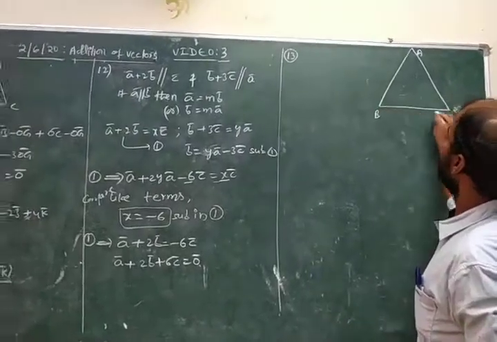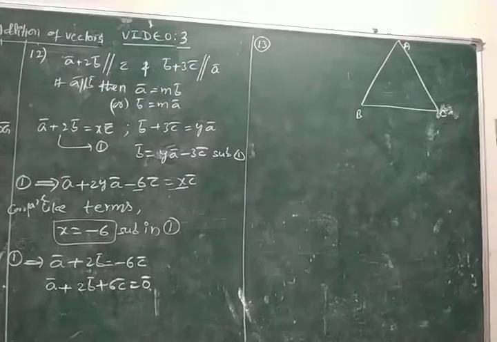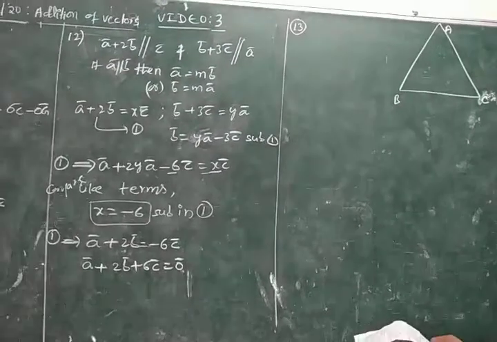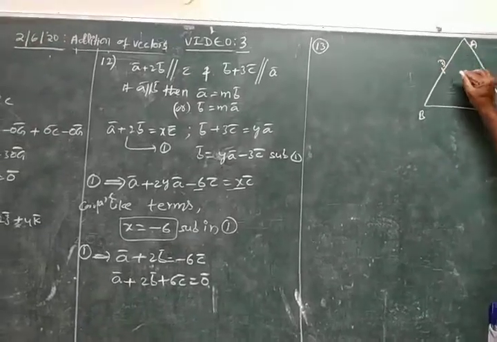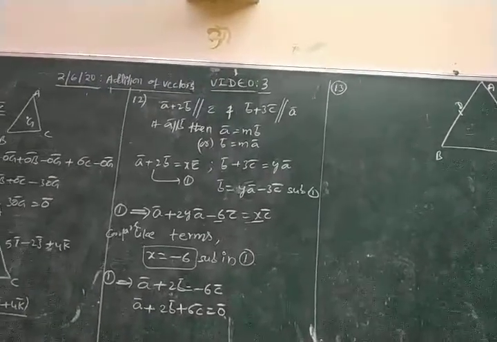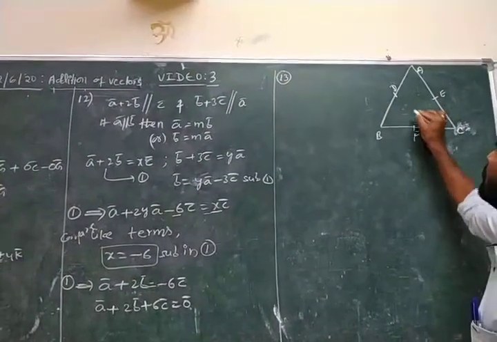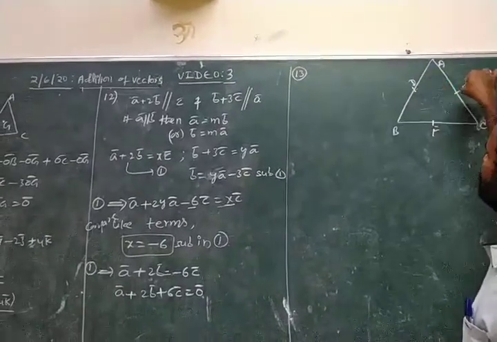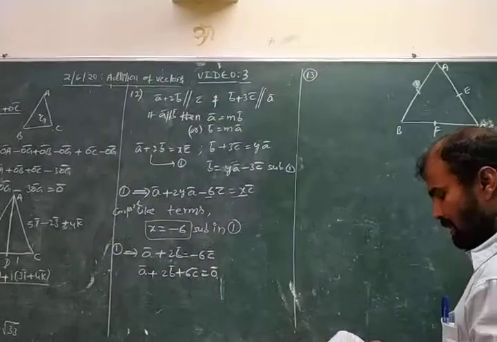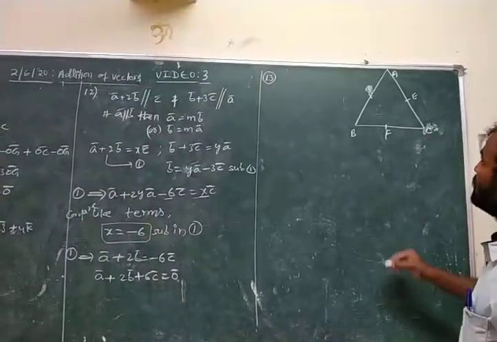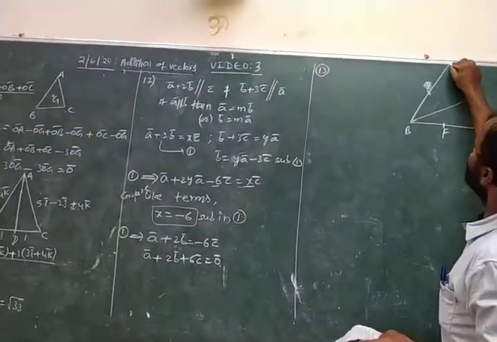D is the midpoint of AB, E is the midpoint of AC, and F is the midpoint of BC. What is BE bar plus AF bar?